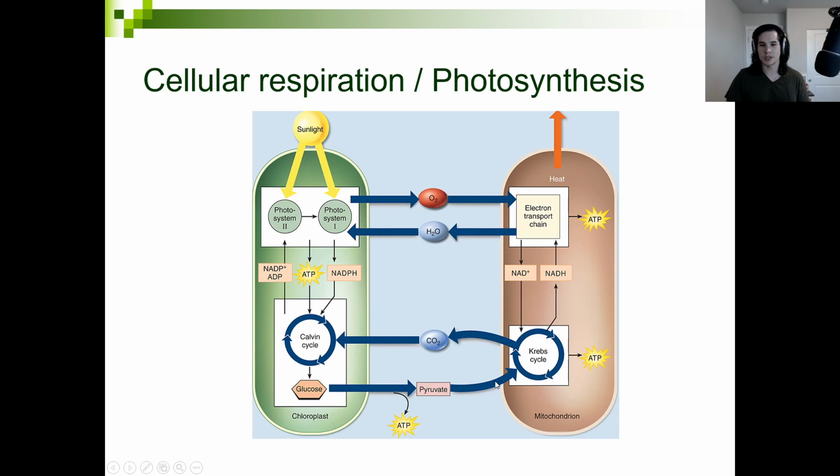That pyruvate is sent into the matrix of the mitochondria, where it undergoes pyruvate oxidation, and then the acetyl-CoA is fed into the Krebs cycle. The Krebs cycle churns out ATP, NADH, and also FADH2. And what is one of the byproducts of the Krebs cycle? You yield more CO2 from the Krebs cycle than from any other process in cellular respiration.